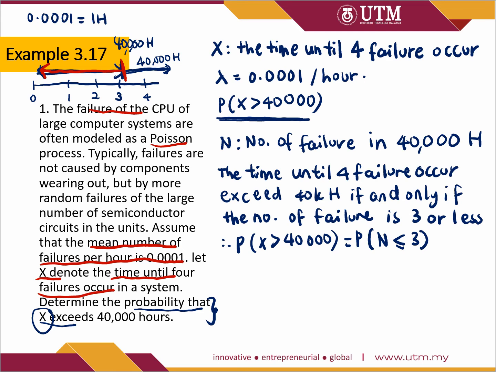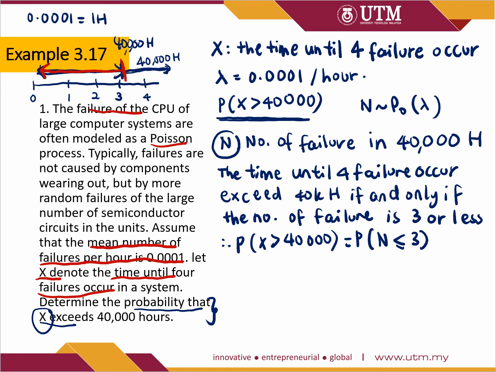Since N is the number of failures in 40,000 hours, meaning the number of successive events in an interval of time, N follows a Poisson distribution. So we need to find what our lambda is for this Poisson.